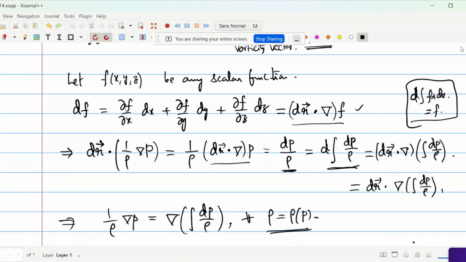If rho is a function of x, y, z. Yes, sir. But here you said that rho is a function of p, as we are integrating in terms of p only, sir. Yeah, that's what. See, this looks like dp by rho is like you are integrating, right? The integral with respect to what?